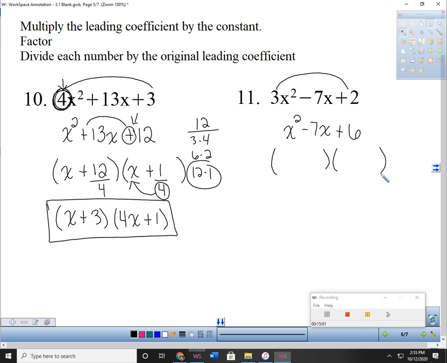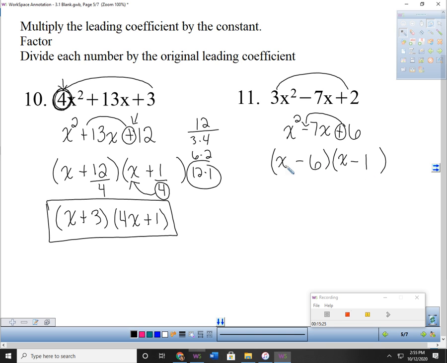Then I'm going to go ahead and factor. Look back there, you have a plus sign. That means you look up front, and you'll have 2 minus signs. And then you've got your x times your x to get the x squared. And then you need 2 numbers that will multiply to make the 6 and add to make 7. 6 and 1. And since your signs are the same, it doesn't matter where you put your 6 and where you put your 1.